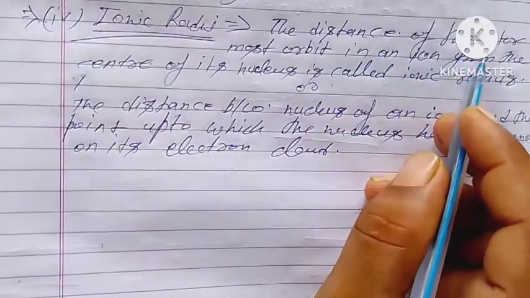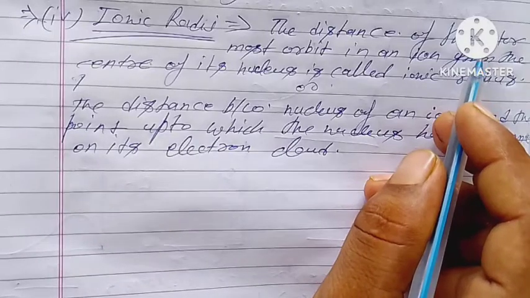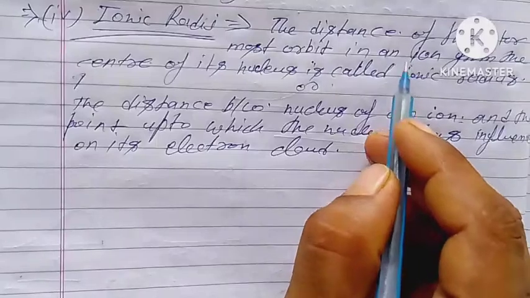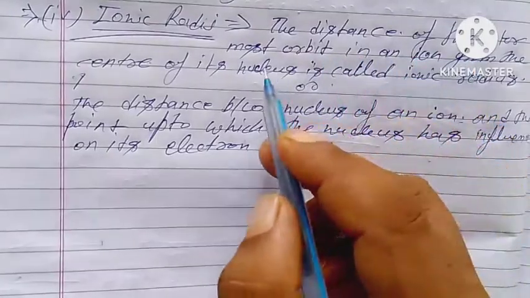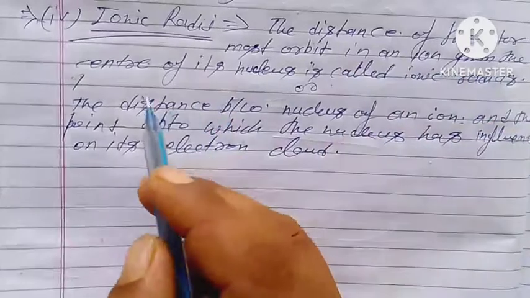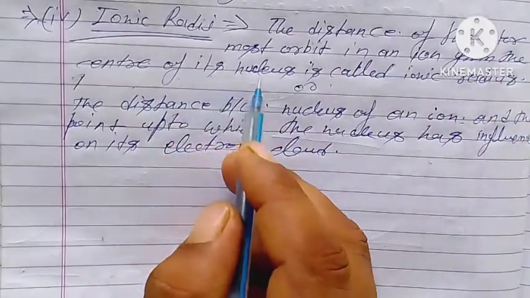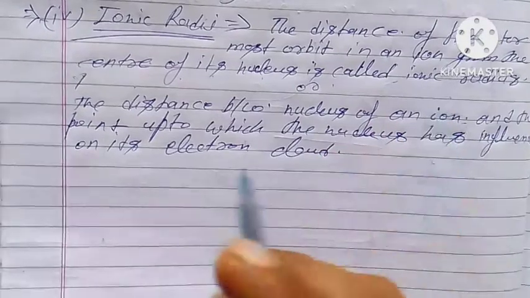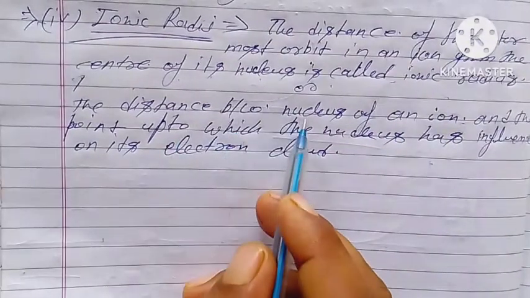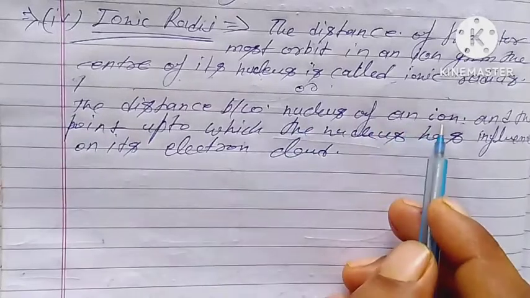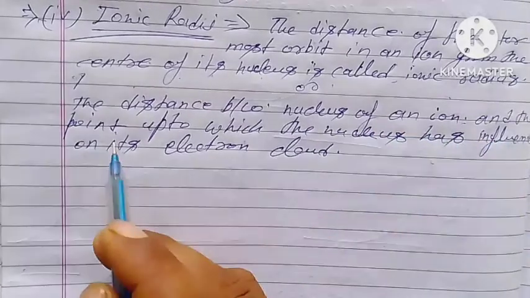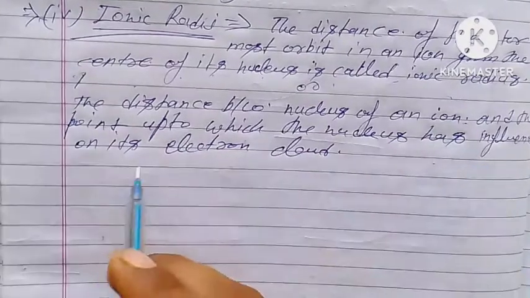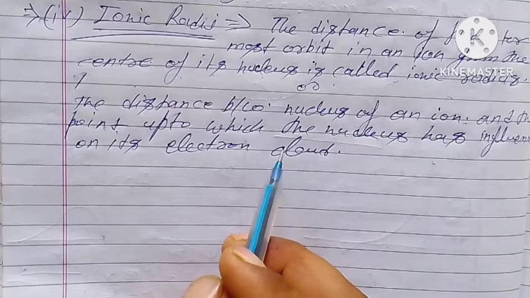The distance of the outermost orbit in an ion from the center of its nucleus is called ionic radius, and it is the distance between the nucleus of an ion and the point up to which the nucleus has influence on its electron cloud.